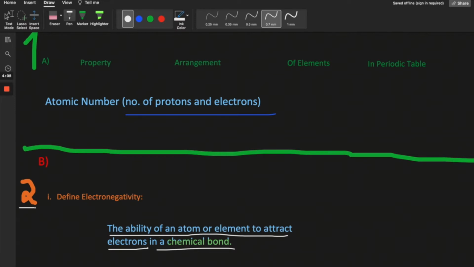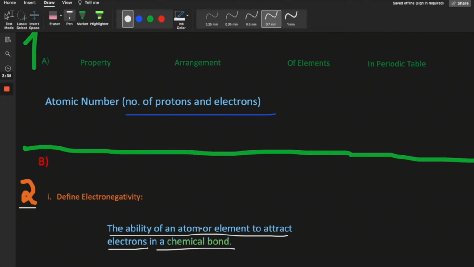And the number of marks are written here on the side. So, electronegativity, as we said before, is the ability of an atom or element to attract electrons in a chemical bond. Electronegativity also increases from left to right. And what does that mean? It means basically that the electronegativity increases because the effective nuclear charge is increasing.